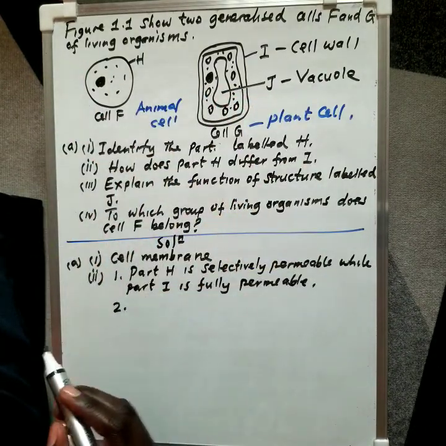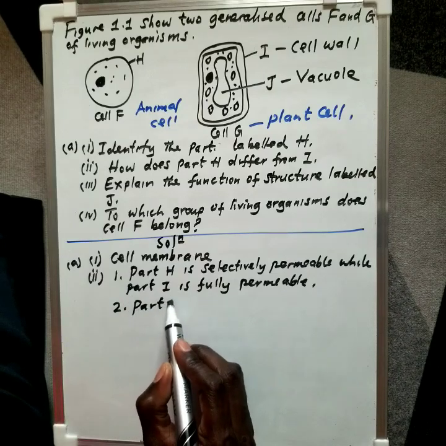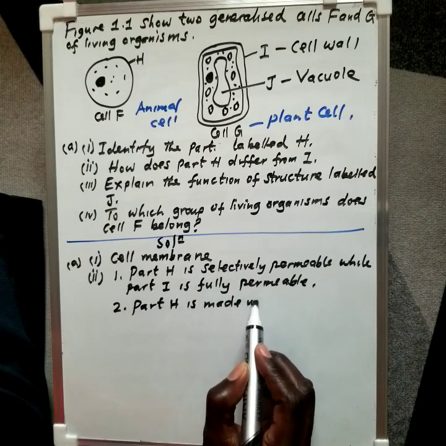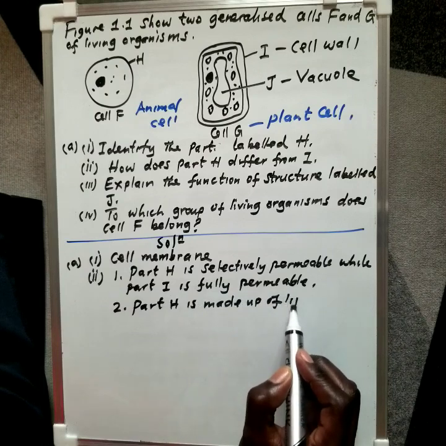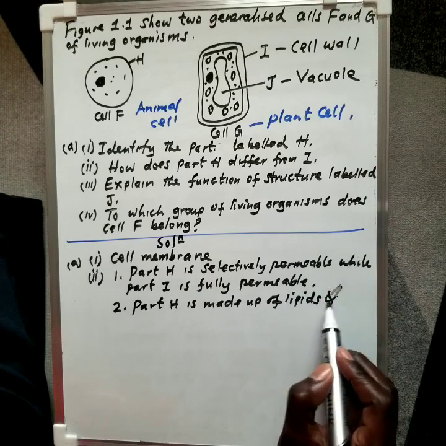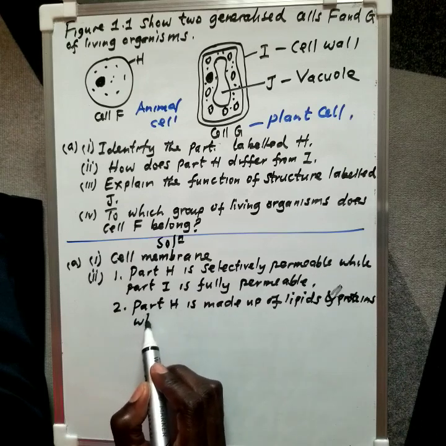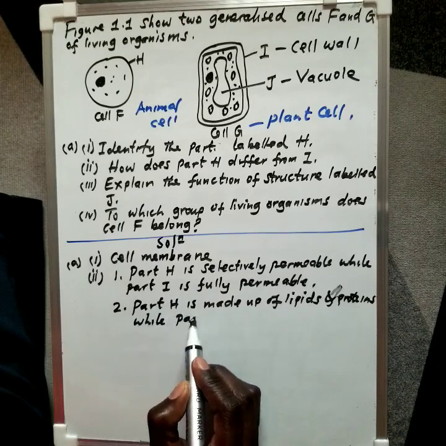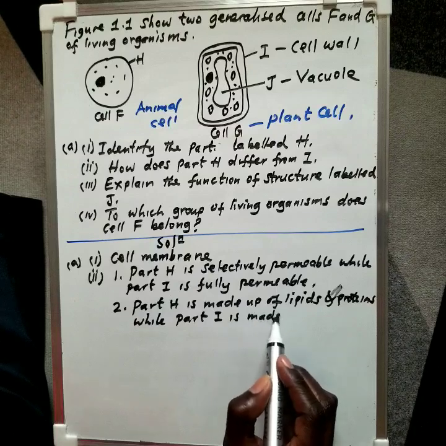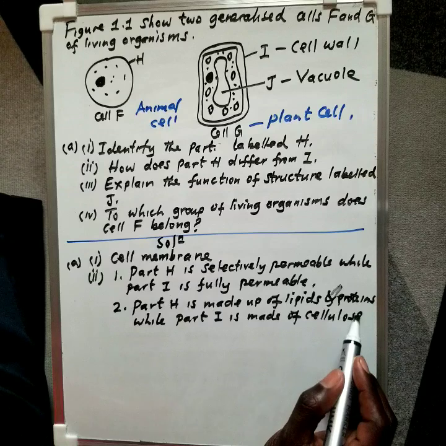The second one that I can simply talk about, I can say that part H is made up of lipids and proteins, while part I is made of cellulose, a hard and rigid fiber.